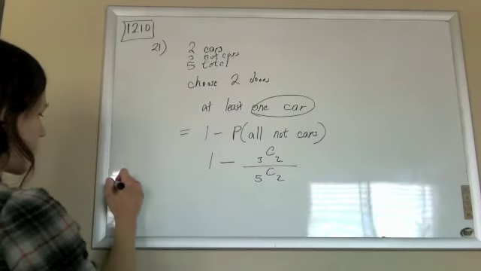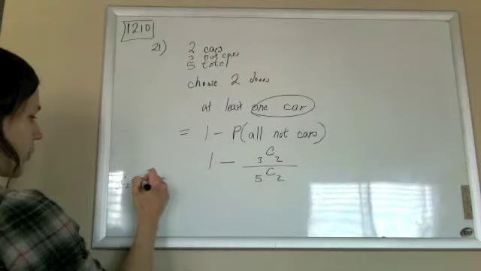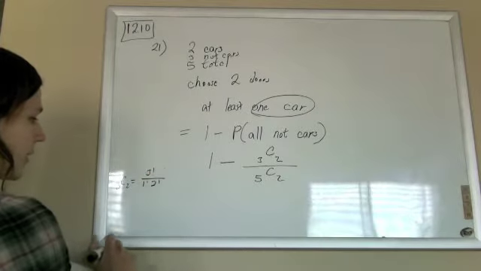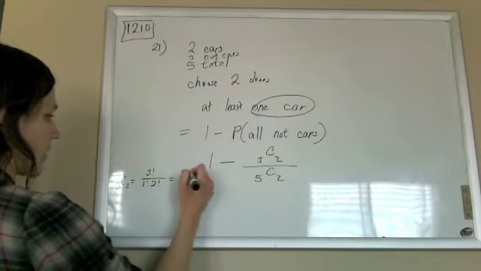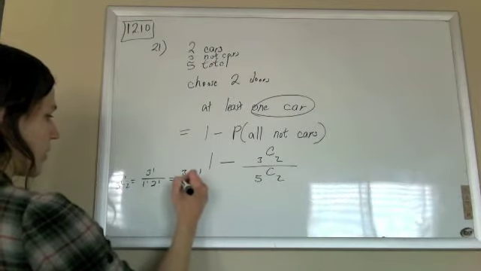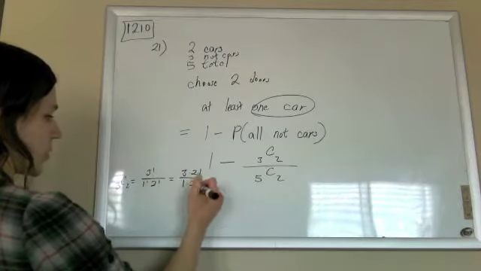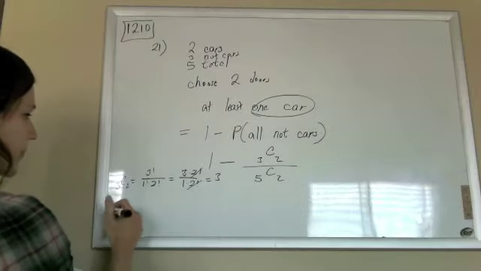So we're going to do 3 choose 2, 3 factorial over 1 factorial times 2 factorial. So 3 times 2 factorial over 1 times 2 factorial. So those cancel, and you just get a 3.